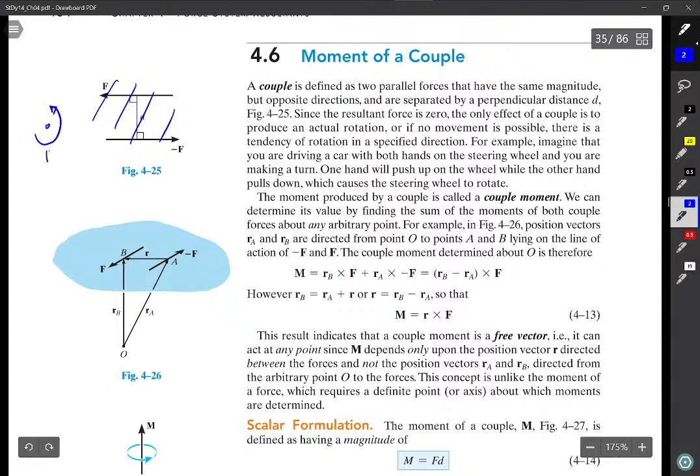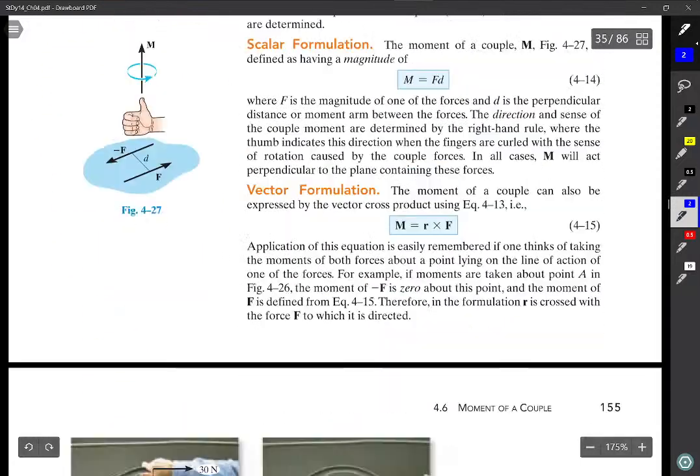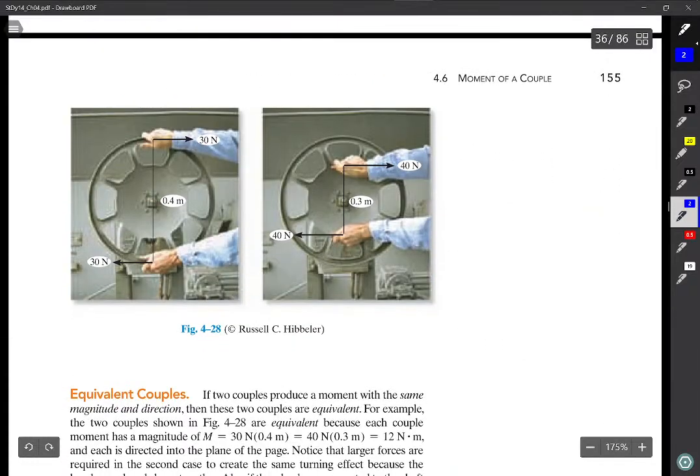In this case it would be F times D. It's that simple. So there's a typical case.